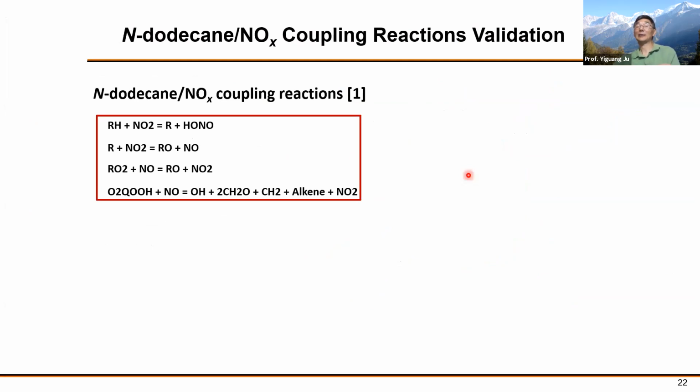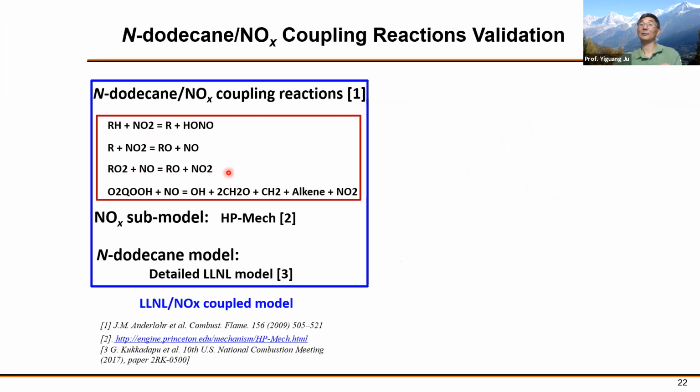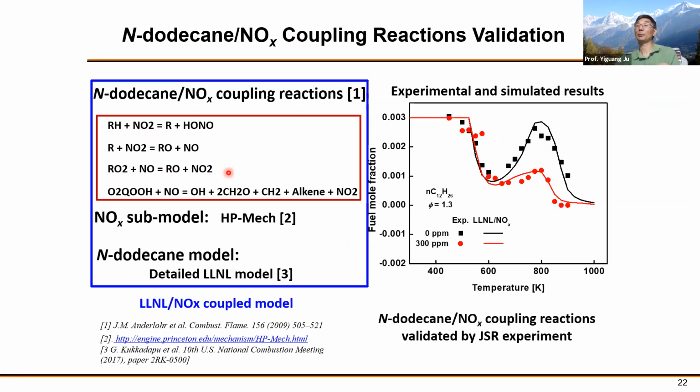And then plasma, as I said, generates NO and NOx, and this NOx can modify your RO2 chemistry, slow down your low temperature chemistry, and enhance your intermediate temperature chemistry, right? This is something we showed you before.